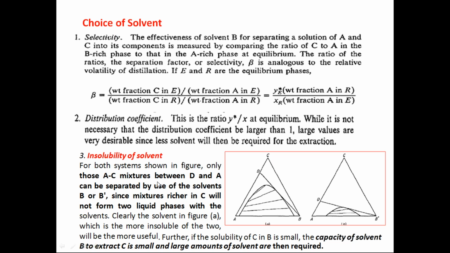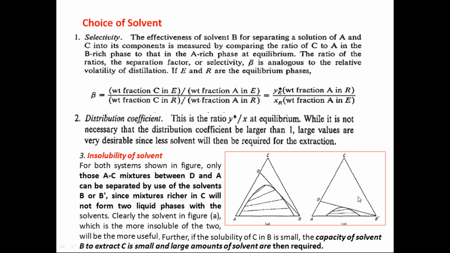However, insolubility of C in the solvent will incur larger consumption of the solvent. So that also you should see. For example, if you select this solvent rather than this solvent, the solvent requirement will be more for a fixed separation, but it is useful.